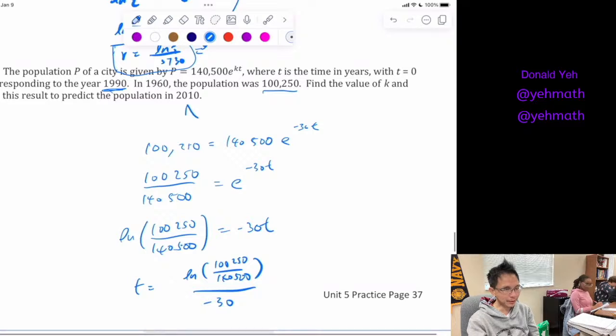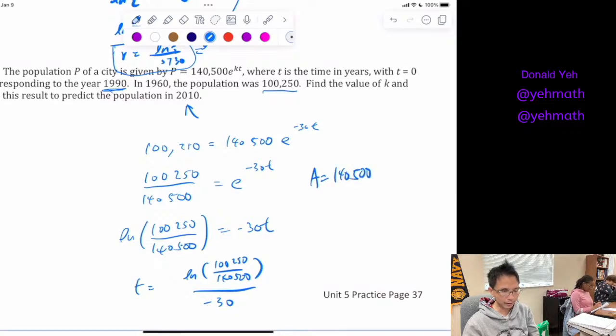What happened in 2010? What year is that? T is equal to what? 20. So A is equal to P, start with 140,500 e to the what? 20, right?